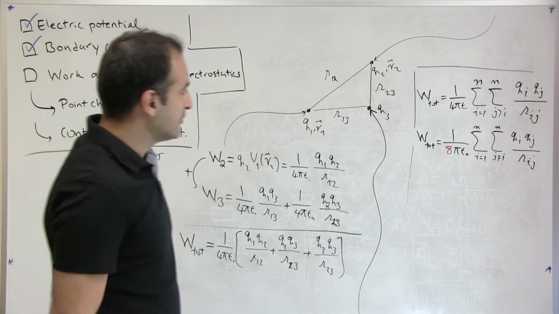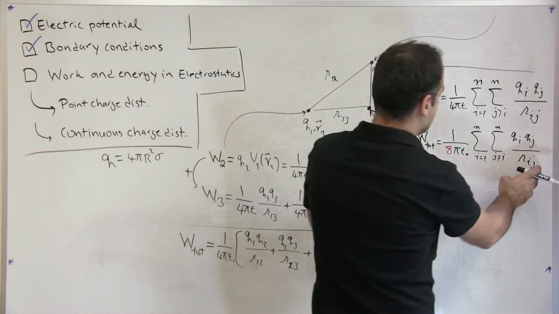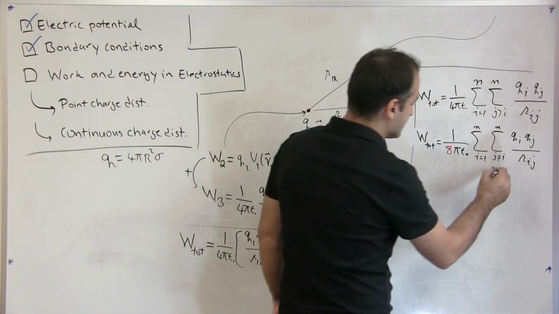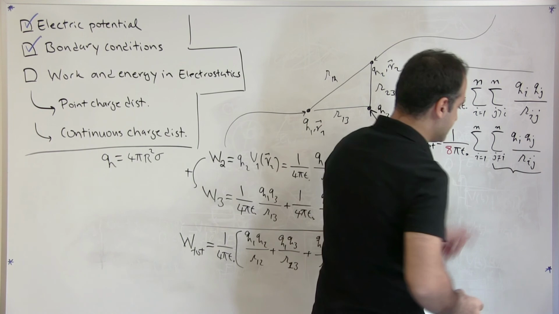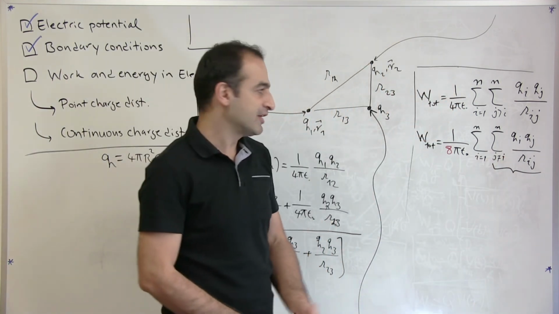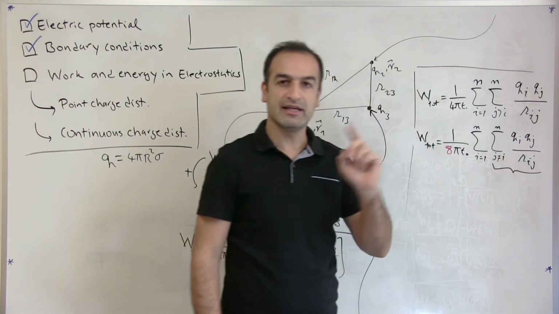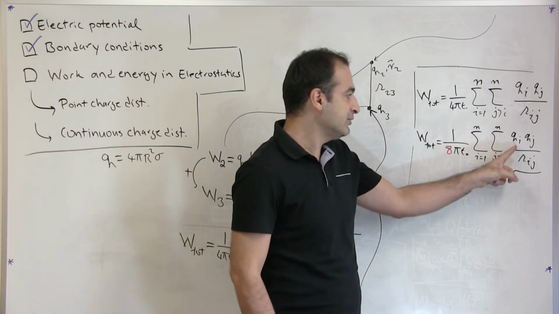Okay. So one more trick to make it look more simple. If you look at the second summation, this is over j. So if you are doing the second summation, i is a constant. That means q_i is a constant.